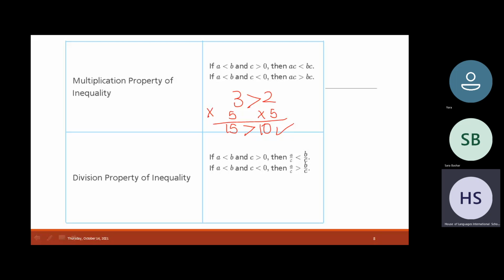Yes. So when I multiply both sides by the same number, the inequality is still correct.